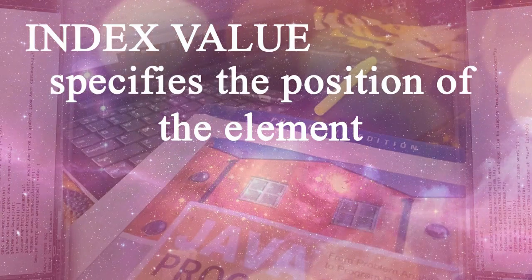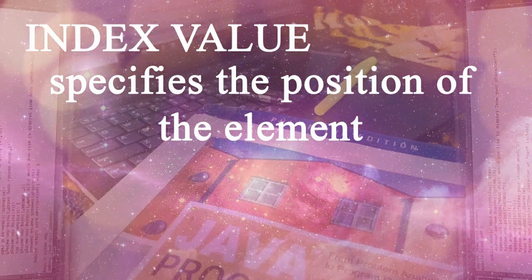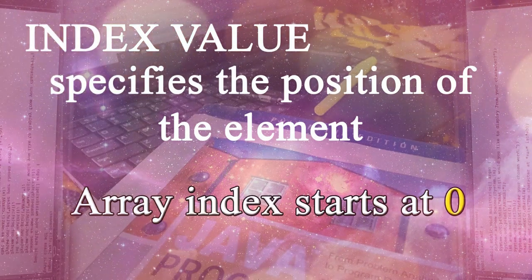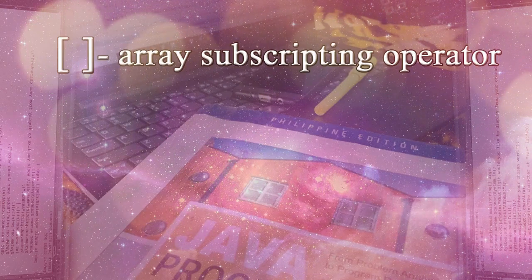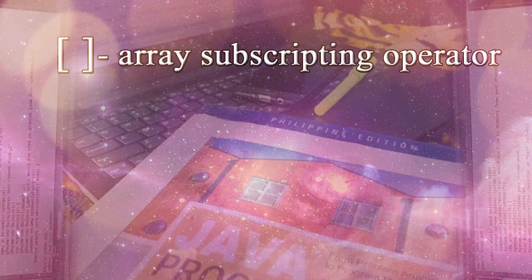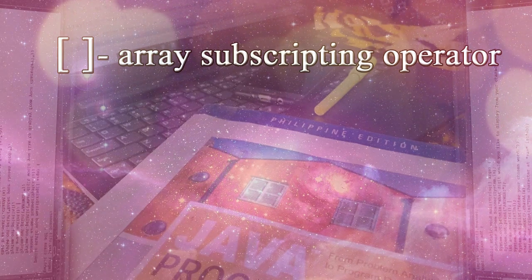The index value specifies the position of the element in the array. In Java, the array index starts at 0. Also, the open and close bracket is an operator called the array subscripting operator.